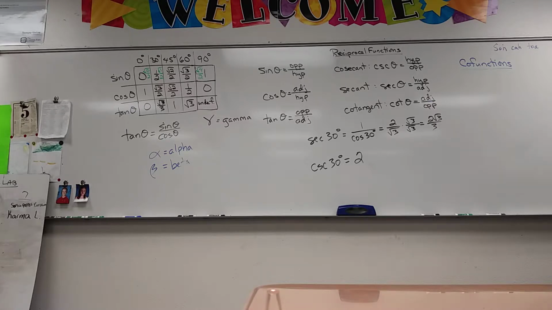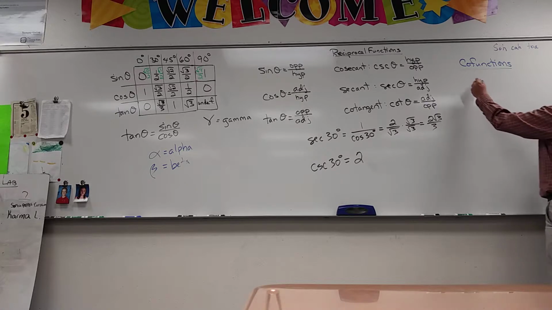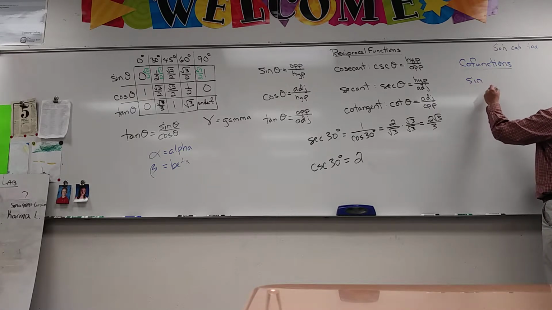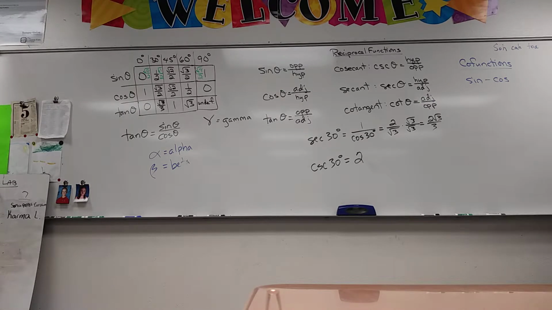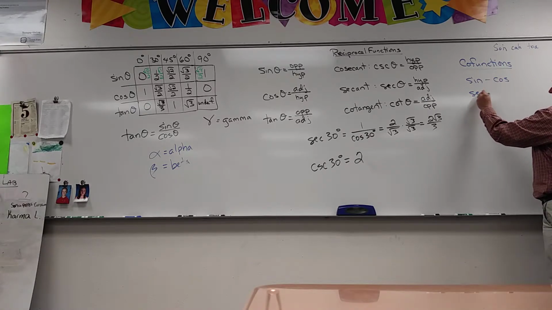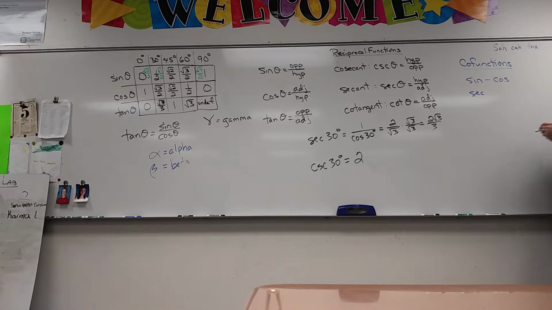Now, the functions that are cofunctions are basically exactly what you would expect. A pair of cofunctions are sine and cosine. Get it? Sine and cosine are cofunctions. Secant and cosecant.